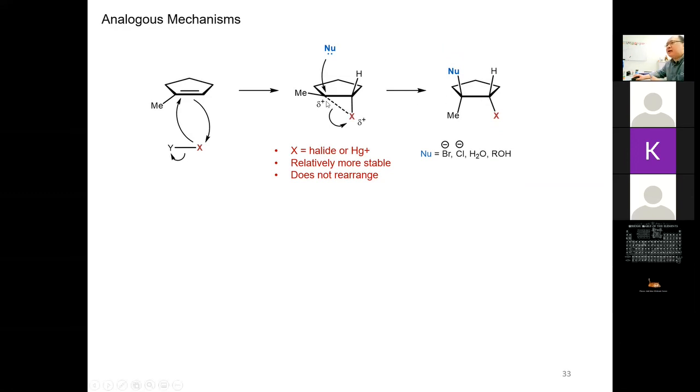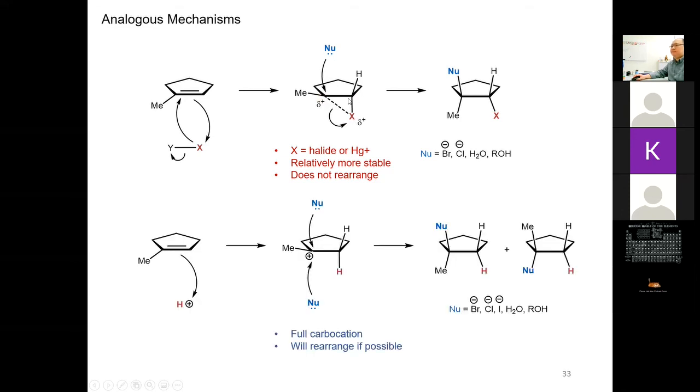Okay, and because this is not exactly a carbocation, it's stabilized by the mercury or by the bromide. So it's relatively more stable and does not rearrange. Okay, so the oxymercuration-demercuration reaction is not stereoselective overall, but it doesn't give any carbocation rearrangement because it's not a classic carbocation. It's stabilized by the mercury in the intermediate.